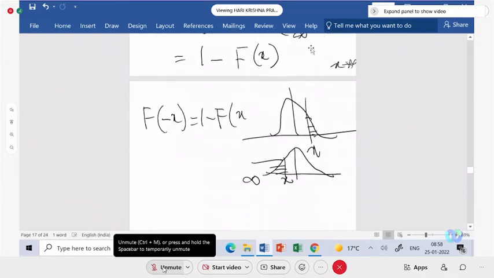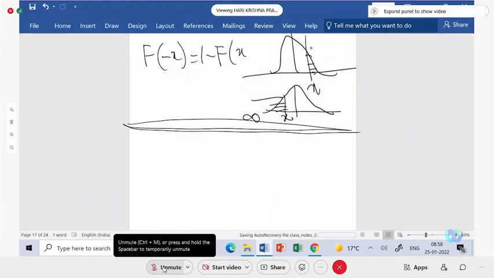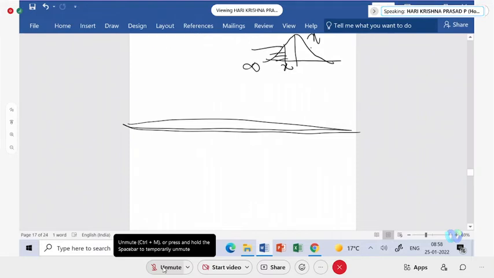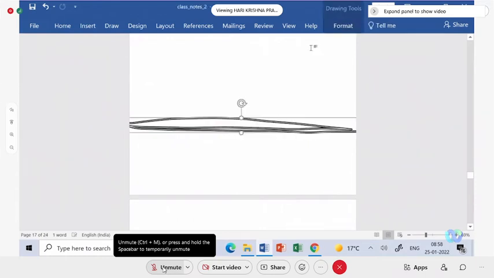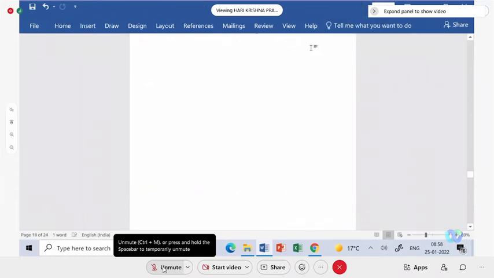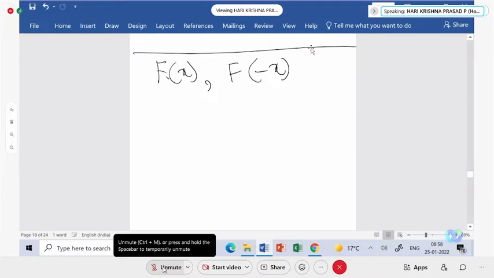Okay. Now I will repeat the figures again, because showing the same figure will not help, right? From here I will put. So what I am doing is I want to relate f of x and f of minus x. This is my aim.